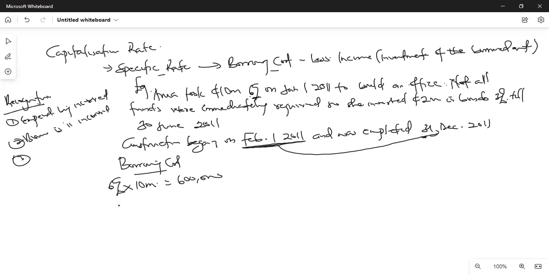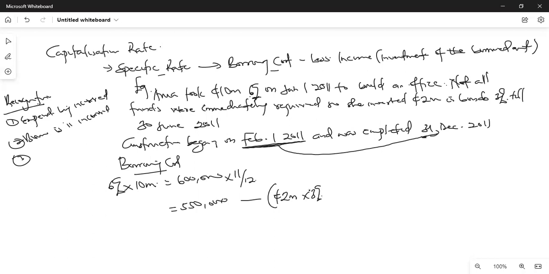So what is going to happen is that we now need to do 11 months of this interest, for which we are going to get 550,000. We now also need to less the income that we get on investment. We have 2 million cedis, and the rate is 3%.